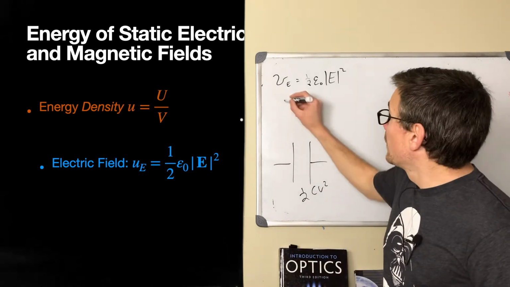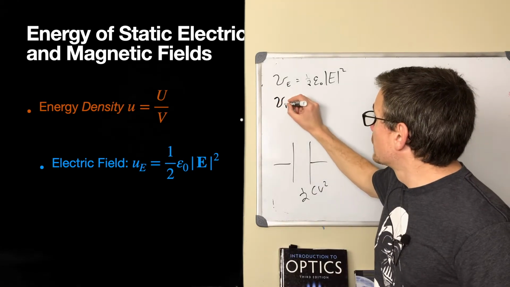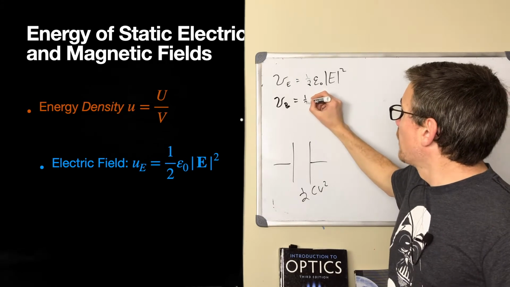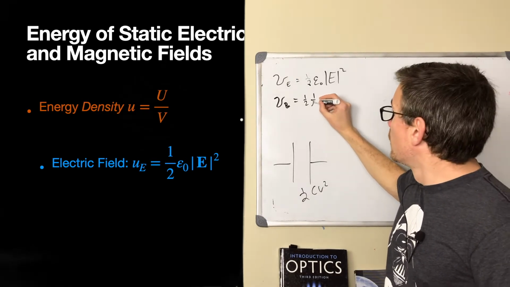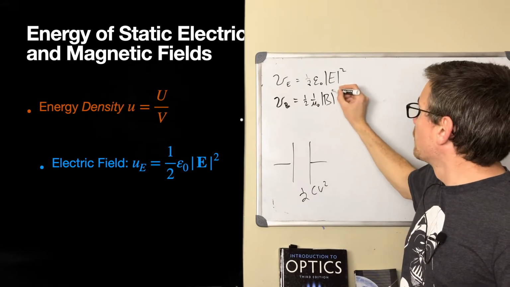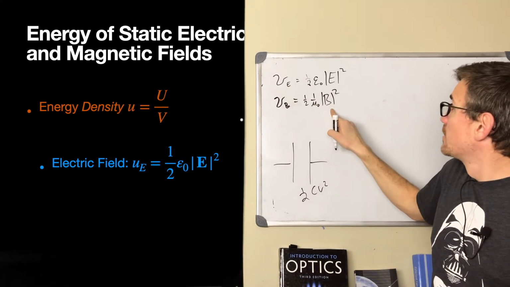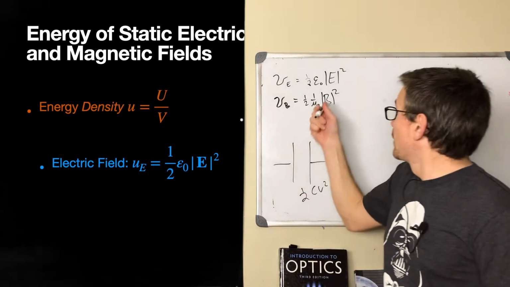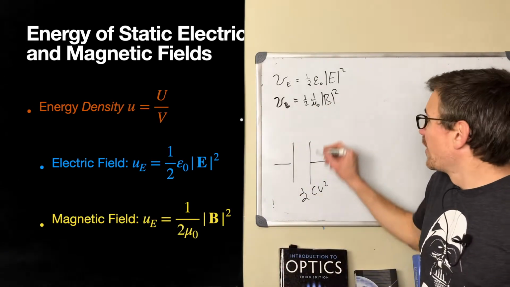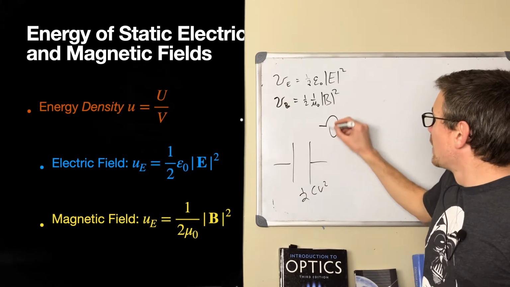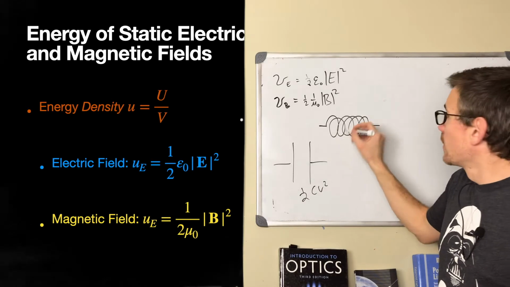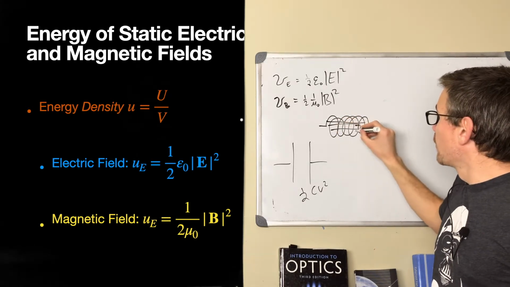The magnetic field has a comparable density, okay? So that's 1/2 times 1 over the permeability of free space, this is the magnetic analog to the permittivity, times the magnitude of the magnetic field squared, all right? So these are the two expressions. By the way, if you want another cute derivation of this, well, we just take the analog to our capacitor in electronics, a solenoid that creates a roughly constant magnetic field through it.